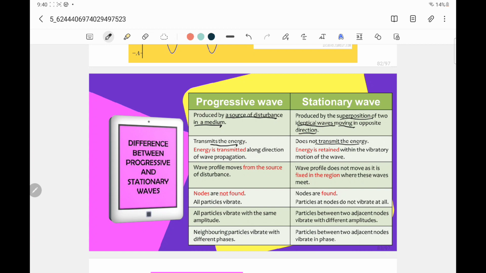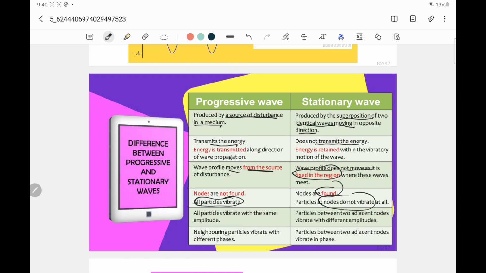The progressive wave profile moves from the source, but the stationary wave does not move as it is fixed in the region. For progressive wave, we cannot find nodes and antinodes because all the particles vibrate. But for stationary wave, nodes are found because the particles do not vibrate.